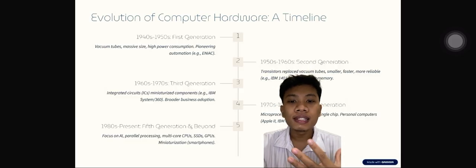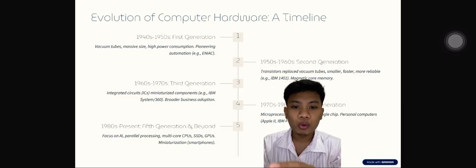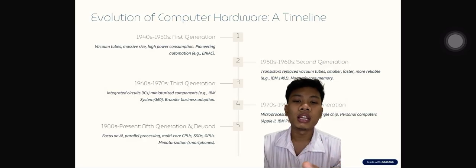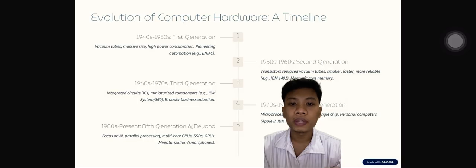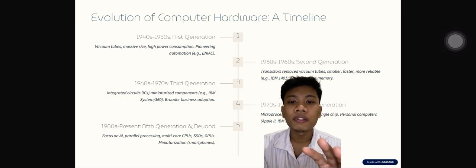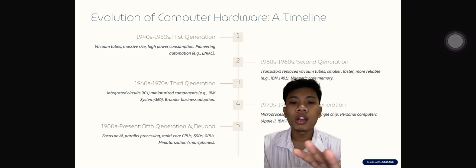Okay, the second is evolution of computer hardware. The computer has undergone several changes in its development. The first generation of computers, from the 1940s until the 1950s, used vacuum tubes as the basic component for memory and circuitry. Machines like ENIAC in 1945 were massive, used a lot of power, and generated excessive heat.